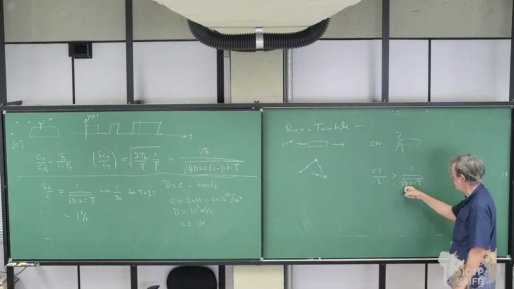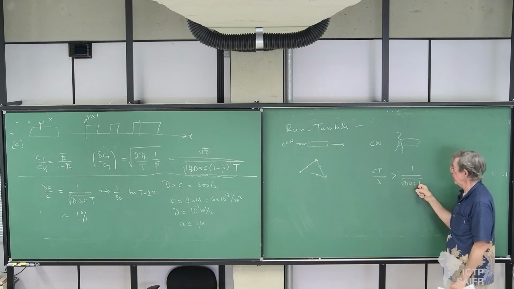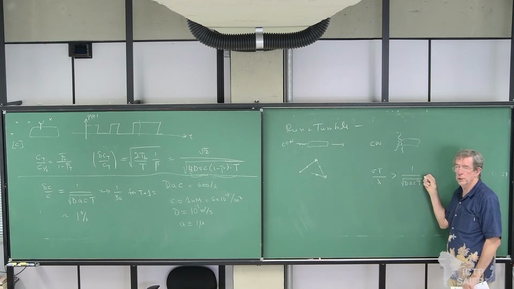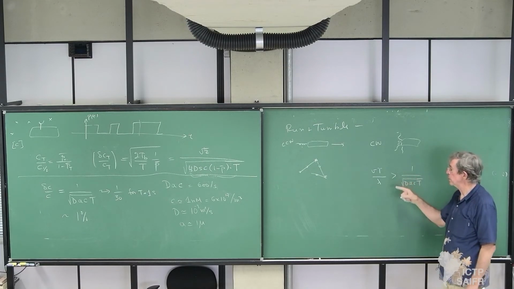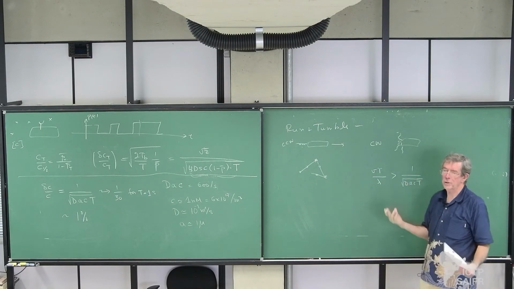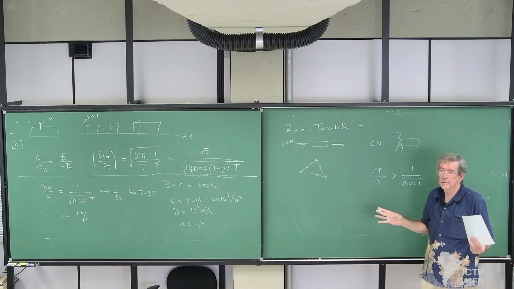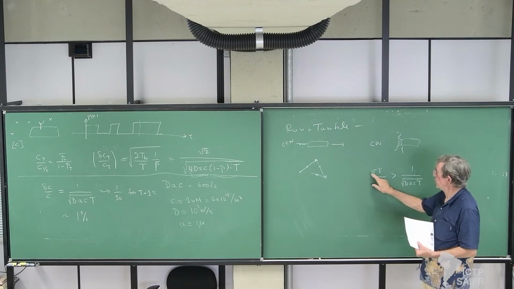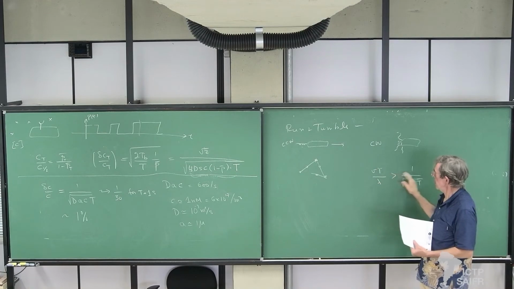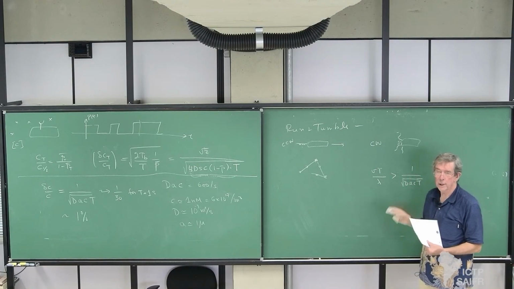So we said for reasonable numbers, this could be of order 1%, and these times have to be of order seconds. So the real question is, does this inequality hold? If it does, we're golden.